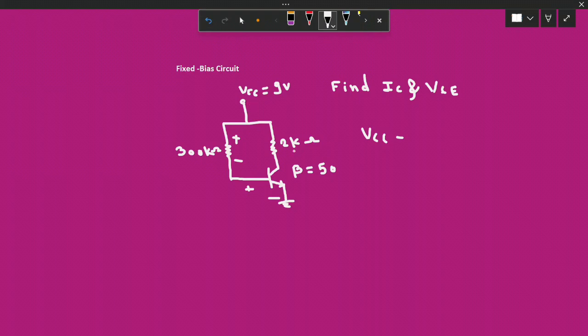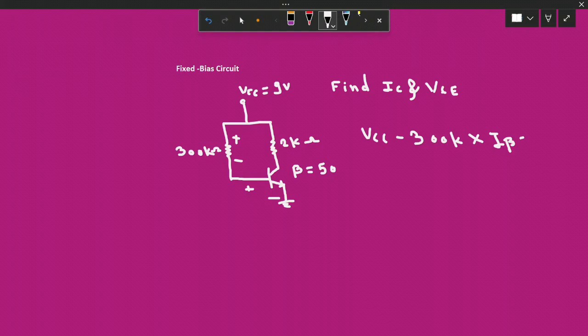So VCC minus this R, that is 300 kilo ohm into IB, minus, we need to consider the second terminal. VCC minus second terminal is minus 300 kilo ohm into IB.